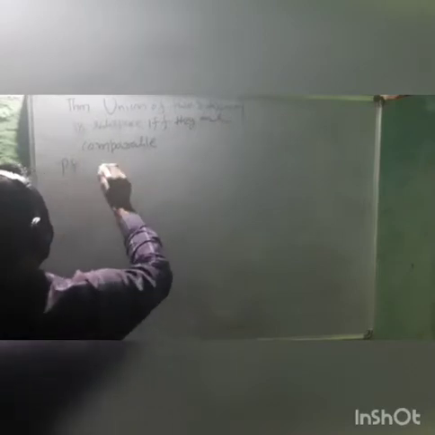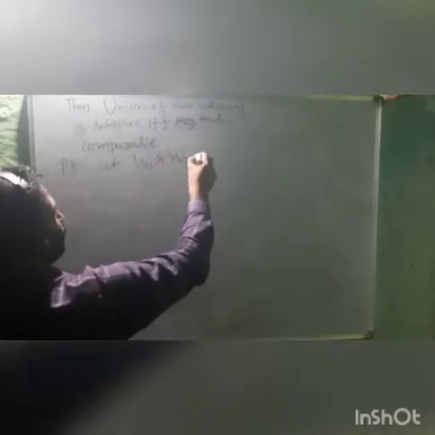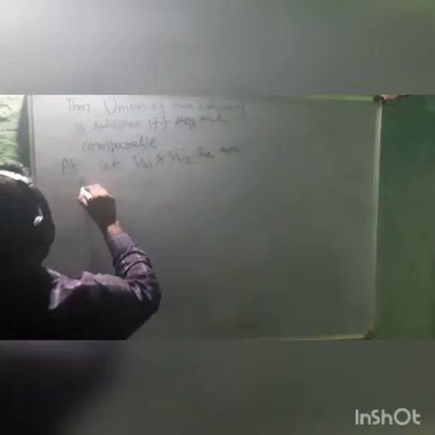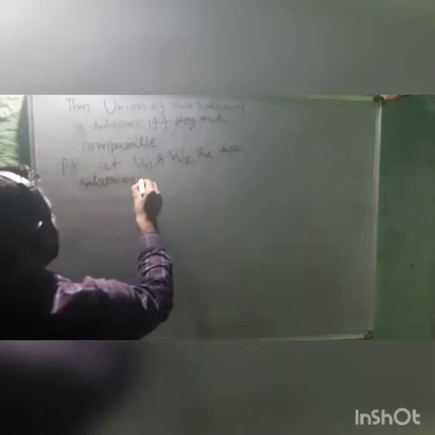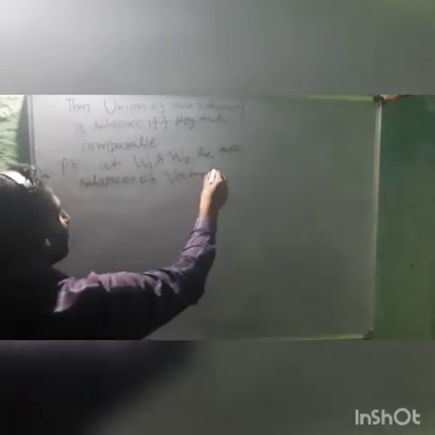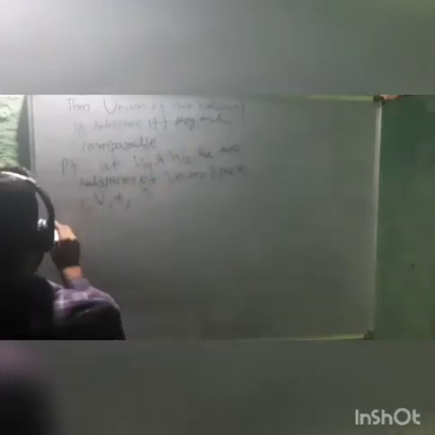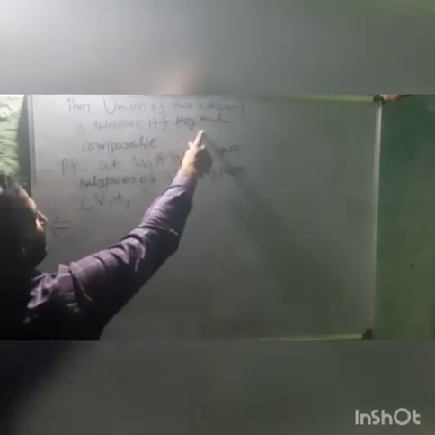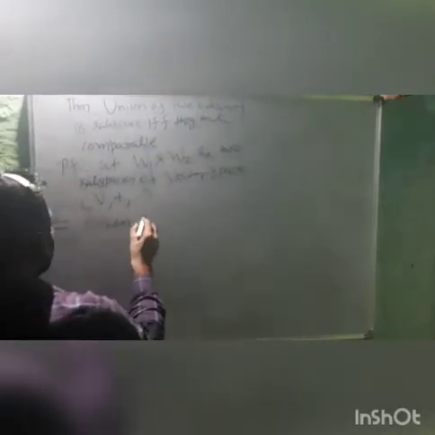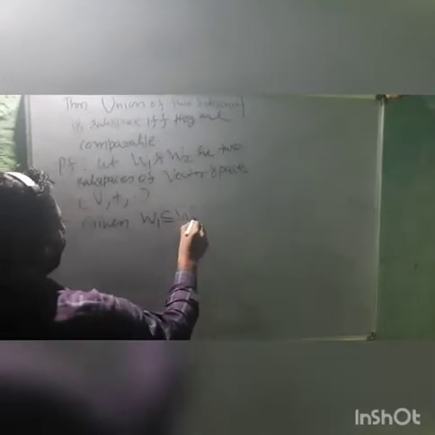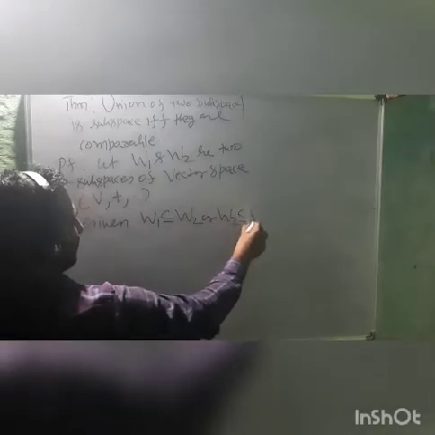So in order to do that, first let's define our subspaces and vector space here. Let W1 and W2 be two subspaces of vector space V. If W1, W2 are any two subspaces of vector space V, and now I am going to do the backward part first. In the backward part we are given they are comparable. So given W1 is contained in W2 or W2 is contained in W1.